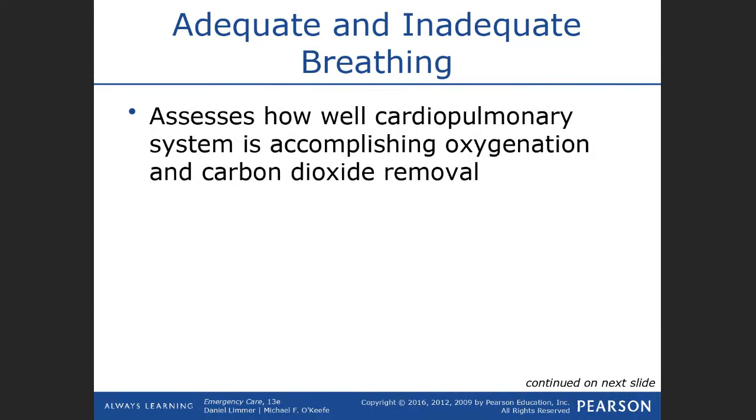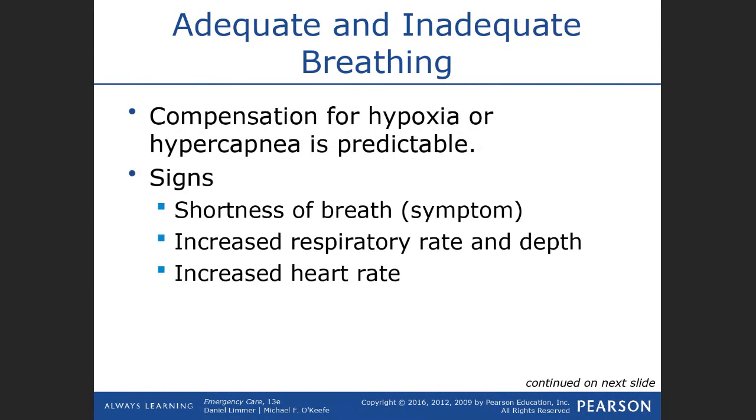Assess how well the cardiopulmonary system is accomplishing oxygenation and carbon dioxide removal. So you can't assess one system without assessing the other. If you're going to assess the respiratory system, you need to look at the circulatory system. Adequate and inadequate breathing.